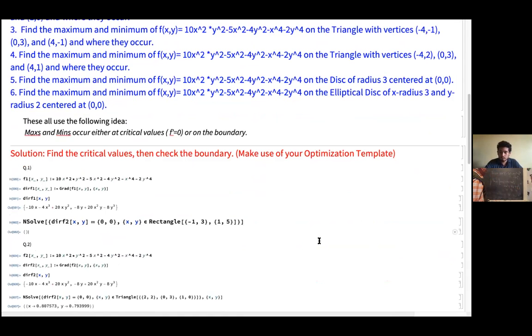We want when both of these are equal to 0. So we're going to set this equal to 0 and solve. The first one is 20xy squared minus 10x minus 4x cubed equal to 0. Let's do that one first. We can factor an x out of that, and I get x times 20y squared minus 10 minus 4x squared equal to 0.